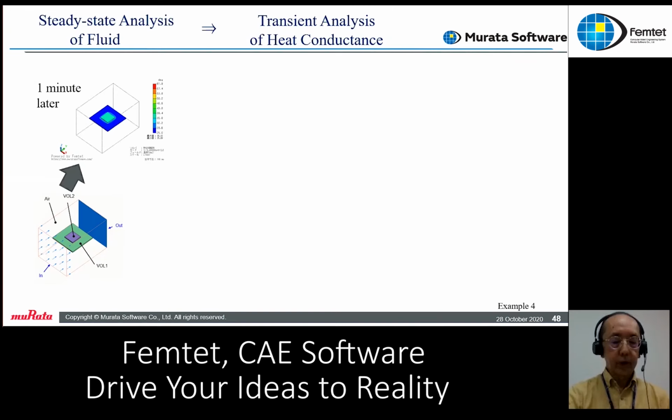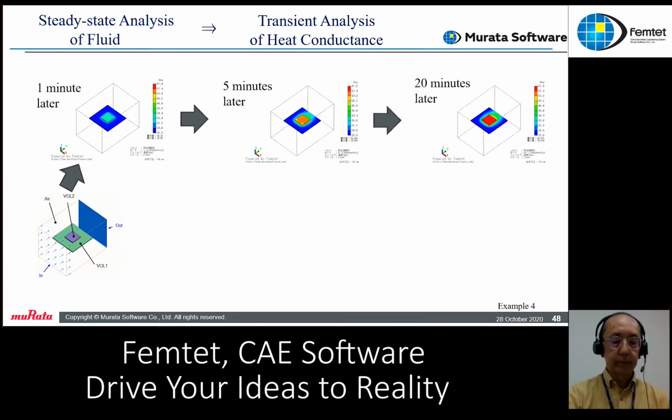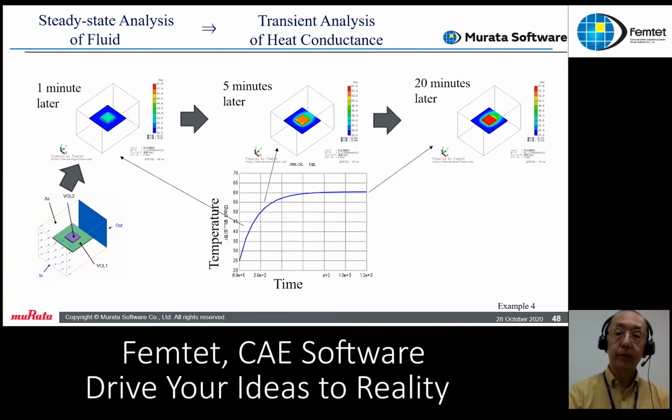The temperature change is calculated every 60 seconds for 20 minutes. You can see the temperature is rising, and its distribution is changing over time. And the temperature reaches the steady state after 20 minutes.